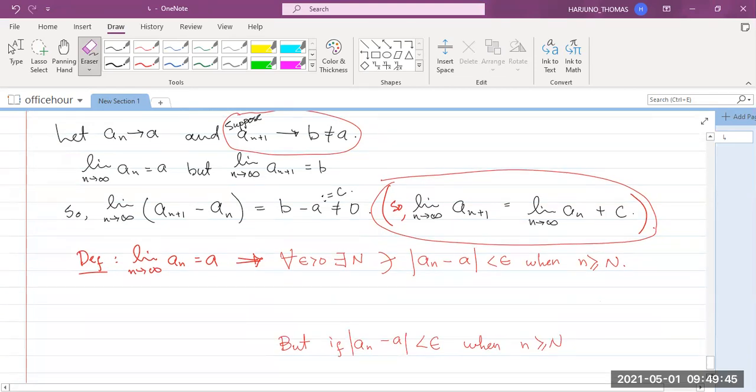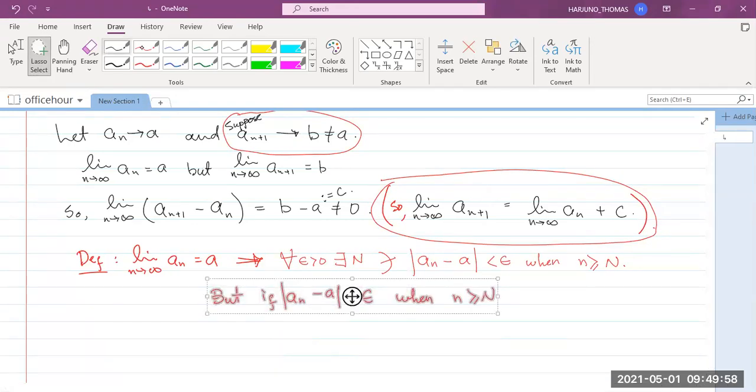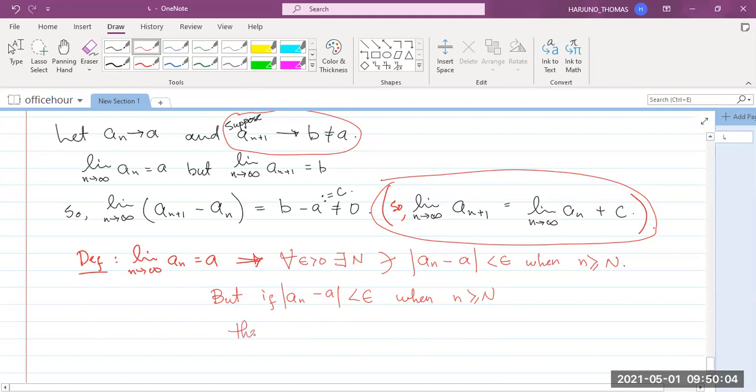So this is the definition of limit, if the sequence is convergent, right? But if the term a sub n is already less than epsilon from the limit A, then consequently, a sub n plus 1 from A must also be less than epsilon.